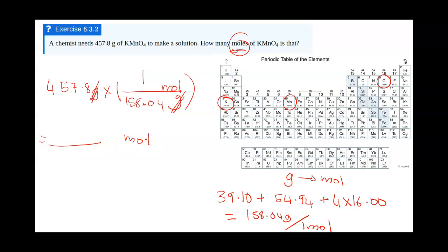I'm good to put that into the calculator. 457.8 times 1 over 158.04. I ended up with 4 significant figures, because this number here has 4 significant figures, 2.897 moles of KMnO4.